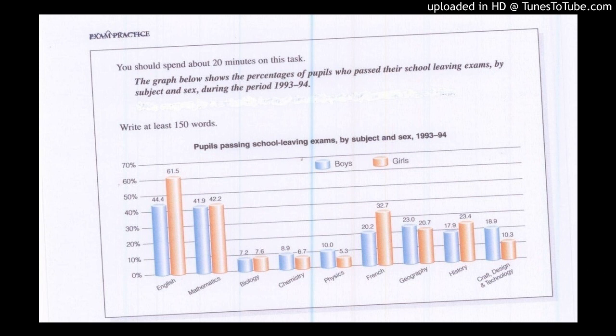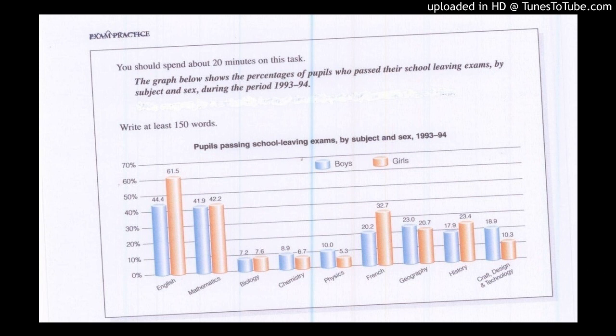Because the figures 41.9 and 42.2 are so similar, it's easier just to say around 42%. And I have included words like however and contrary to emphasize the point that the figures are different to what we would have expected from our belief that boys are usually better in science.